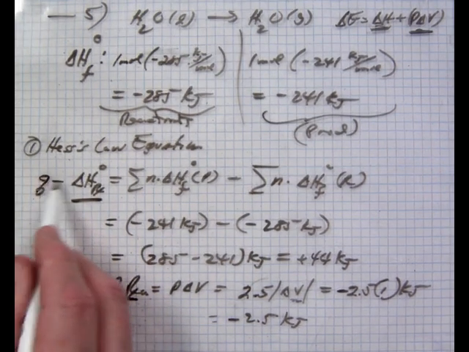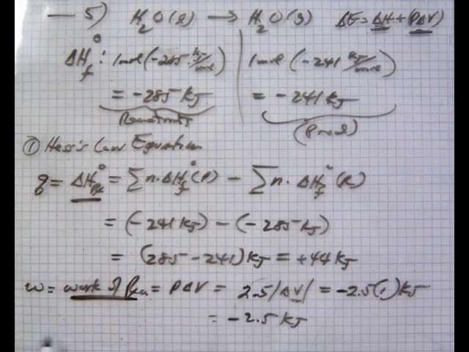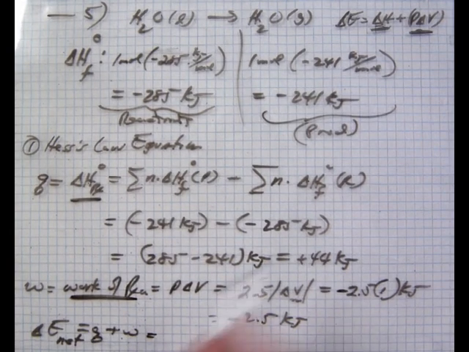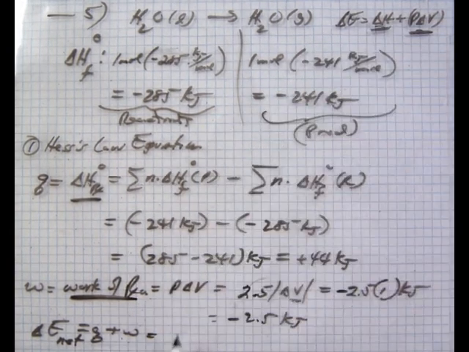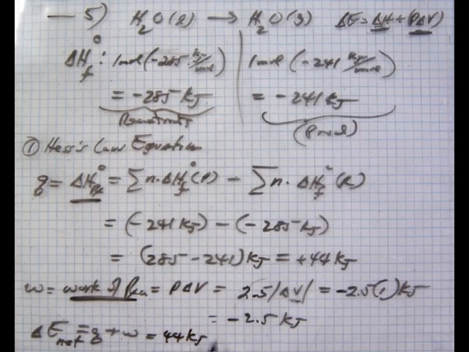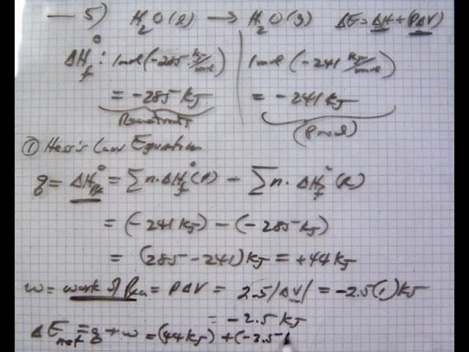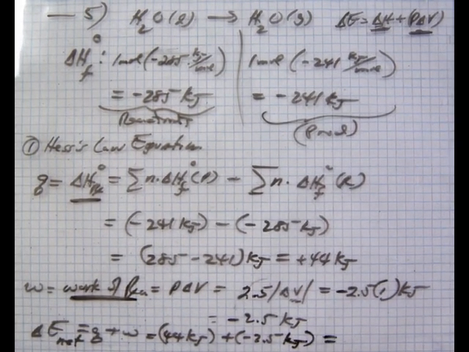This is Q and this is W in the net energy calculation, Q plus W, which is 44 kilojoules endothermic plus a minus 2.5 kilojoules, and that's 41.5, yeah.